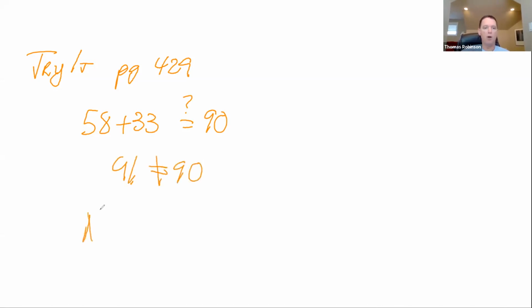How do you do that? Well, you add up 58 plus 33 and see if that equals 90. So if the other two angles add up to 90, then certainly angle M has to equal 90 as well. And you'll see that 91 is not equal to 90. So no, not a tangent.